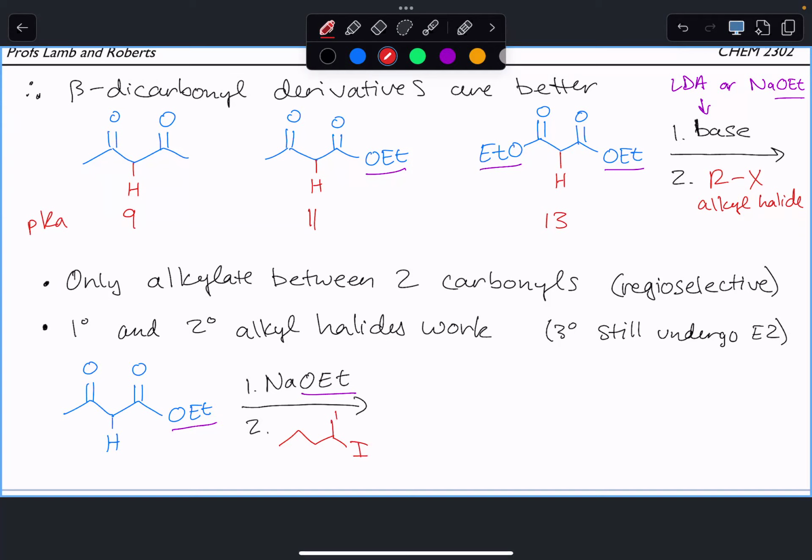And I'm going to add 1, 2, 3, 4, 5 carbons. Okay, so I'm going to draw my beta-dicarbonyl again, and then I'm going to attach my alpha position. Oops, just keep my color coding the same. I'm going to attach my alpha position here to that 2 carbon. So 1, 2, 3, 4, 5.